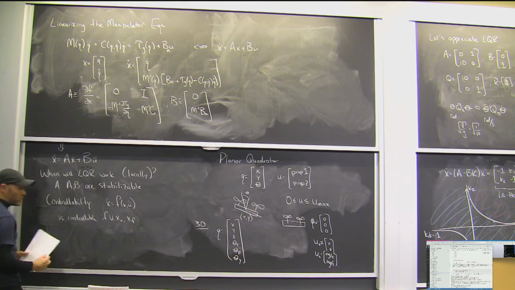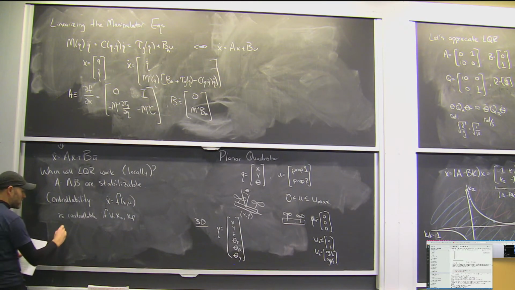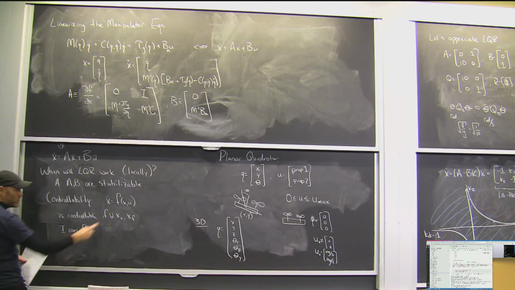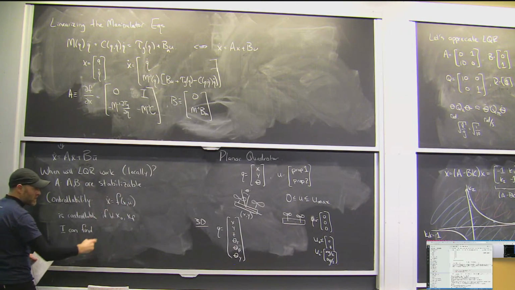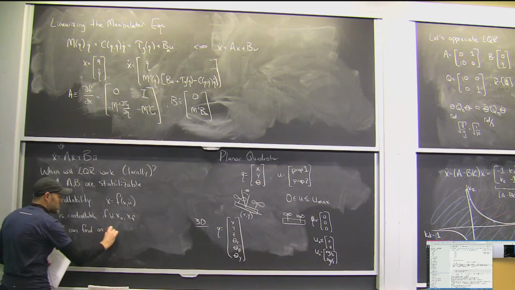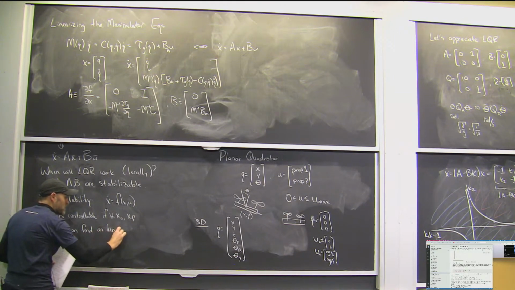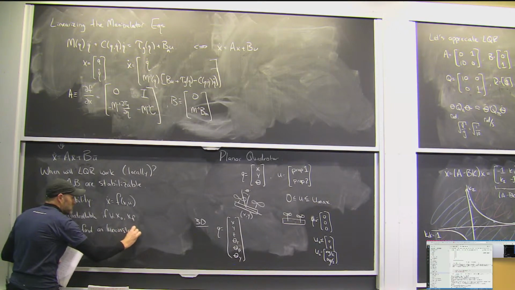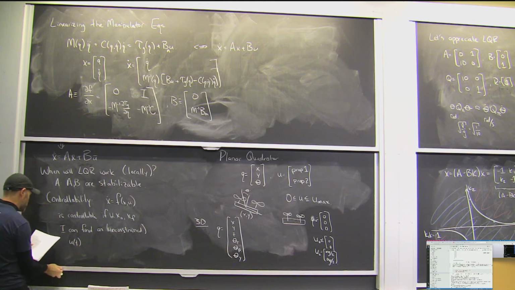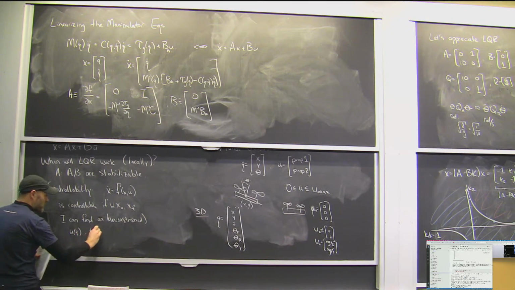If you pick those initial conditions and final conditions, I can find an unconstrained u trajectory that gets me from x0 to xf. And it's actually a finite time trajectory.